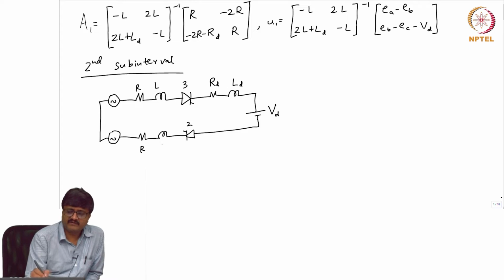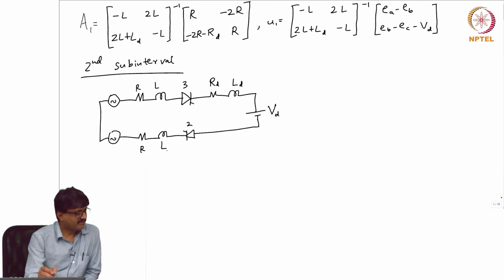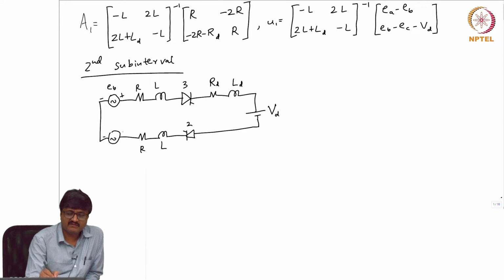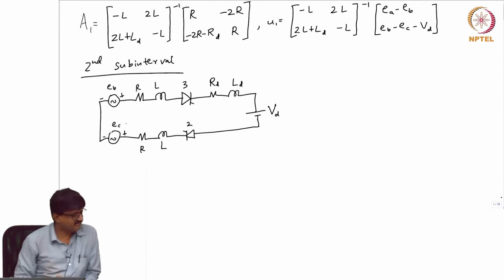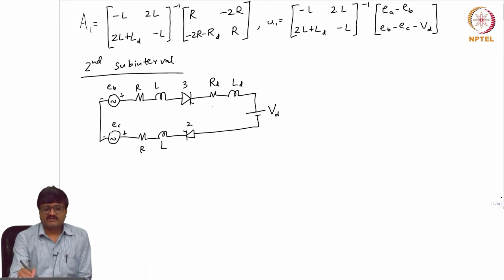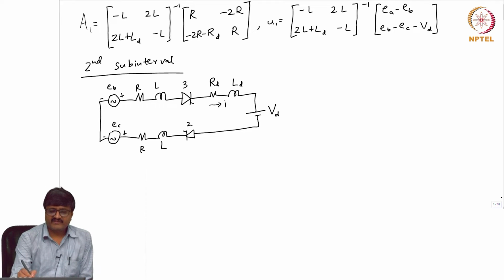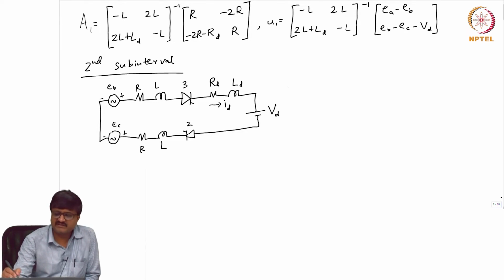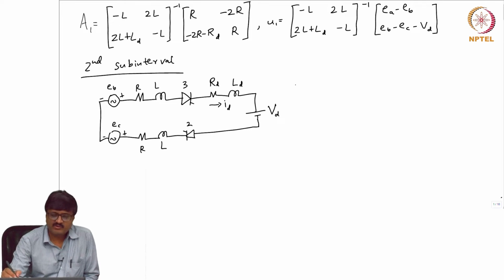RL, RL. So, I have EB and EC, the two voltage sources in this. If I denote the DC side current by ID, the equation that I get by applying Kirchhoff's voltage law is: there are two resistances with value R and one resistance RD.